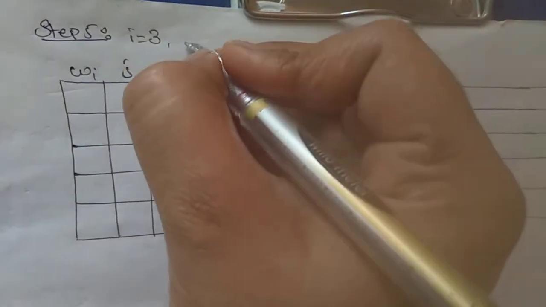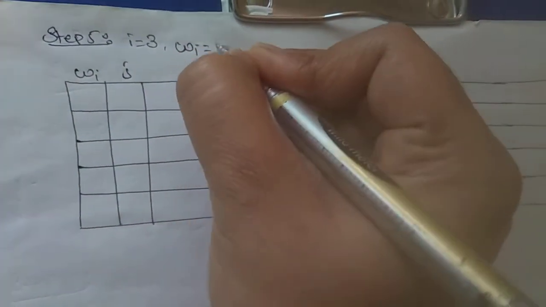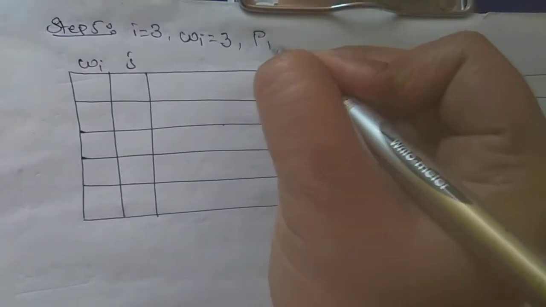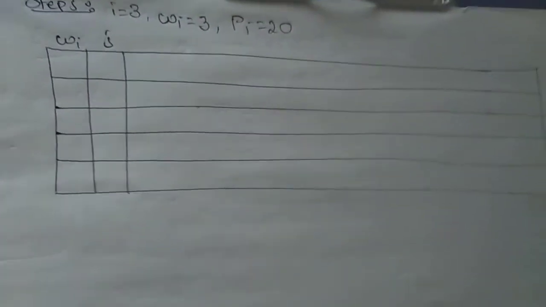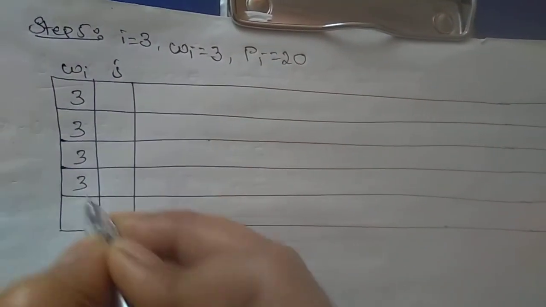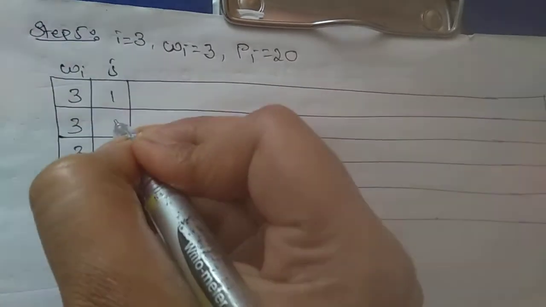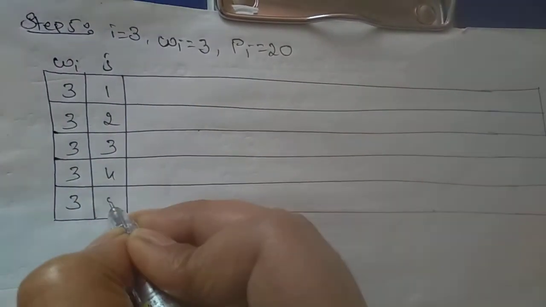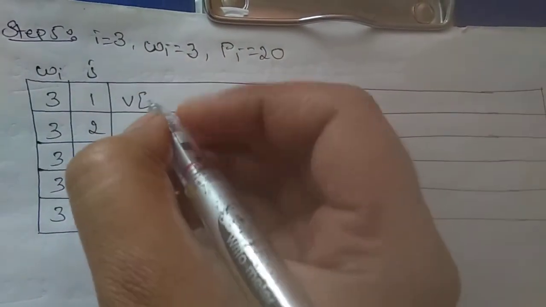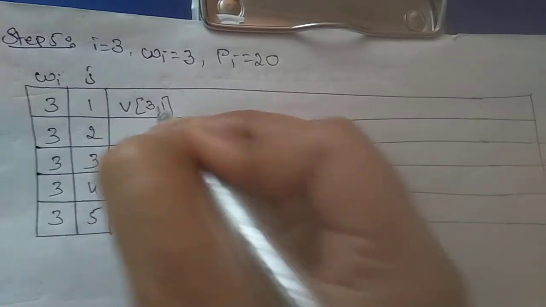i is equal to 3. So here i is equal to 3, wi is equal to 3 and profit is equal to 20. So wi I'll update with 3, and j is 1, 2, 3, 4, 5. This is the j value. v of i comma j, 3 comma 1.